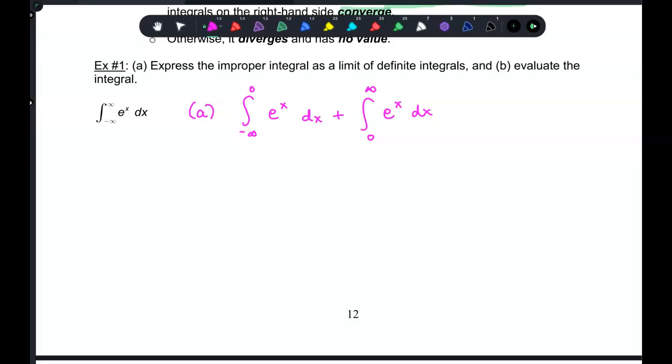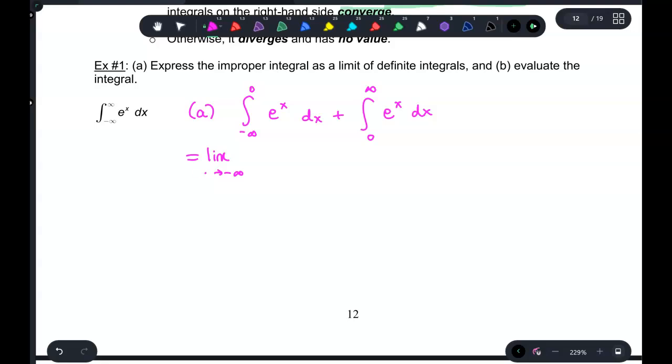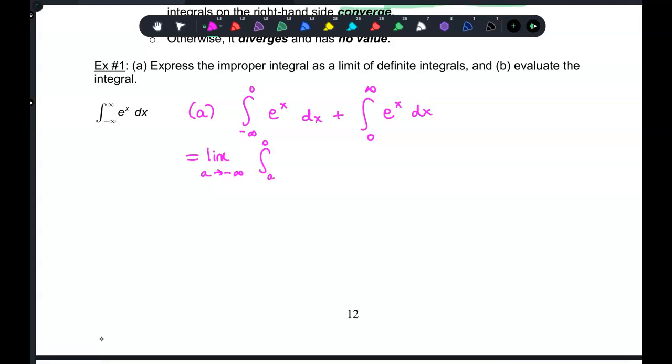Okay, now I'm going to express it with limits. So we're going to say a limit as, sorry, I want to make that an a. A approaches negative infinity from a to 0 of e to the x dx.